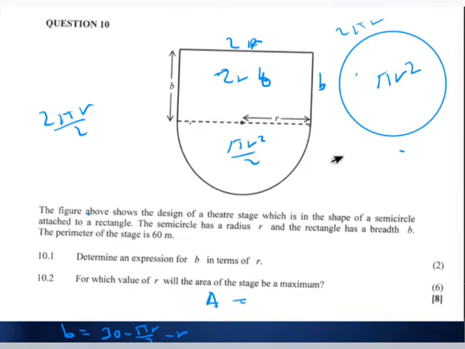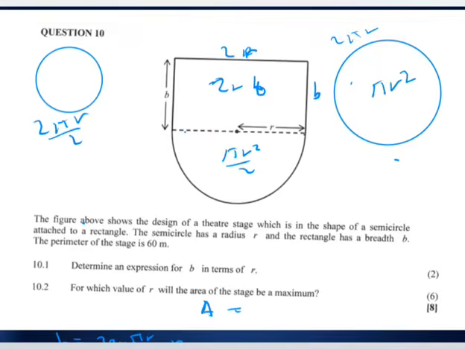So we've almost sorted it. So let's see how it goes. So first of all, area is equal to pi r squared over 2 plus 2rb, right? Let me just write it below.